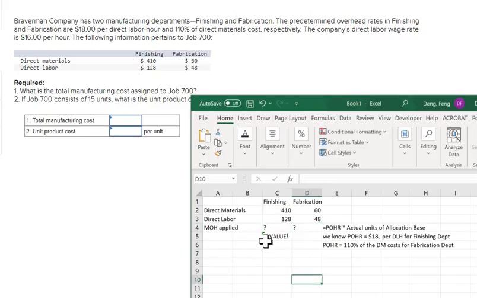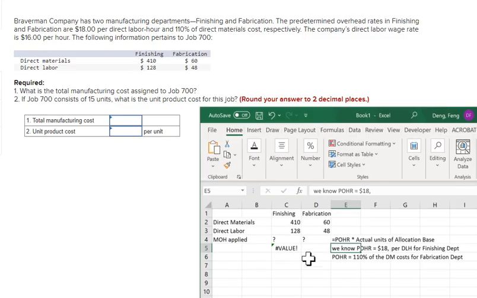So we know that for the finishing department it's $18 per direct labor hours. But we don't know how many labor hours we actually had. So just like we had last time, we're just using the total labor cost. This is 128 for finishing department.